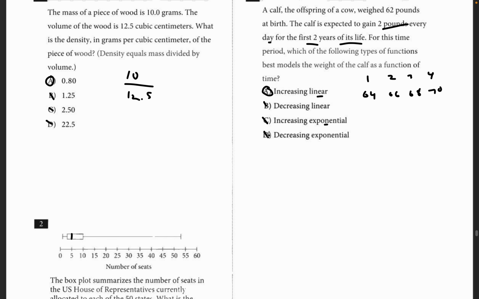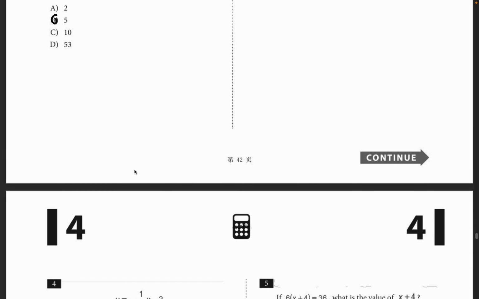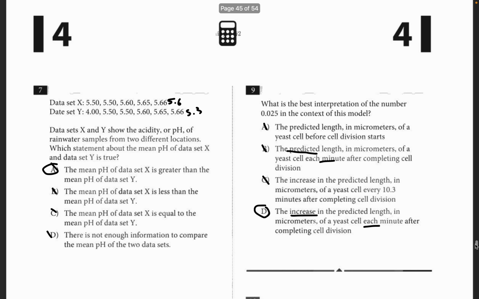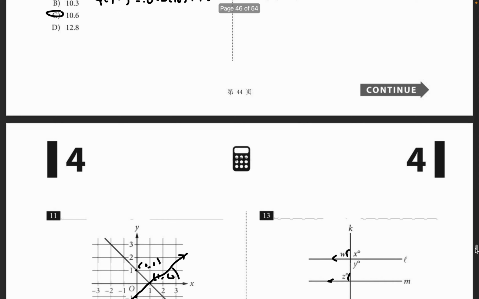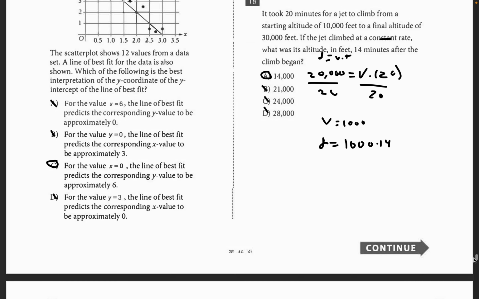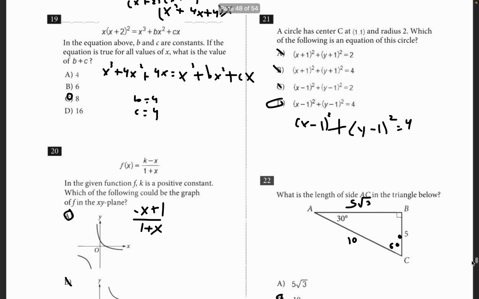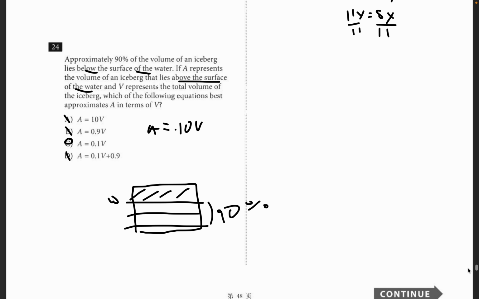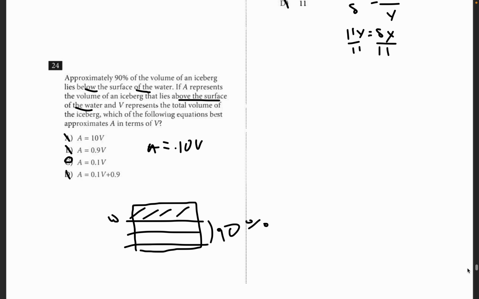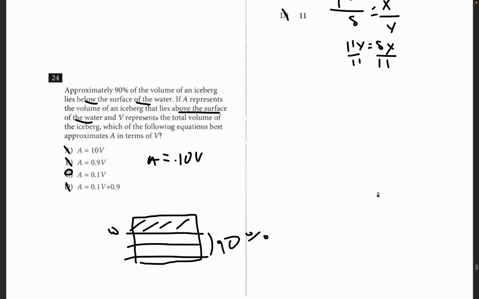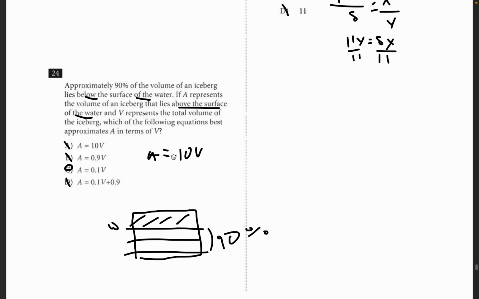This is 0.8 linear, 5, yeah, I think these are right for the most part. 0.5, yeah, the increase, these are right, hopefully they are. Approximately 90, yeah, this was the 0.10 because it was above it, I explained it.